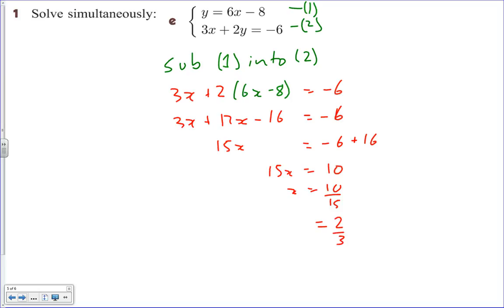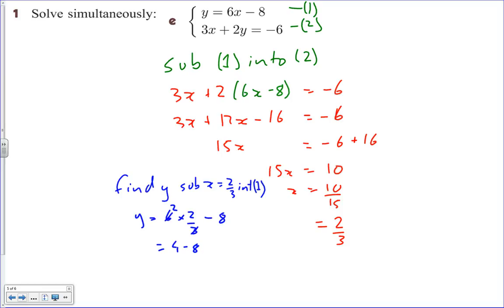So find y, sub x equals 2/3 into 1. So y equals 6 times 2 over 3, take 8, cancel out, take that. So 4 take 8, so equals negative 4.